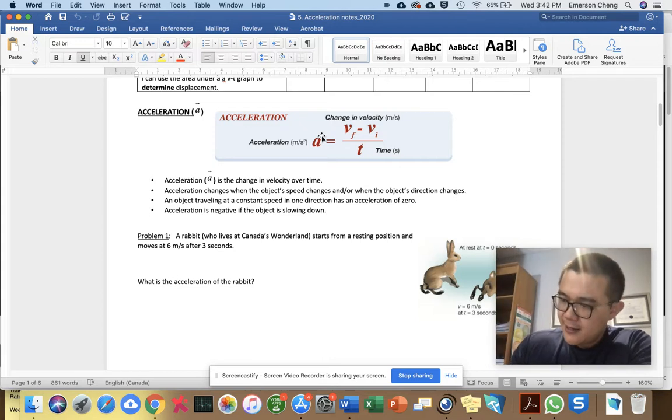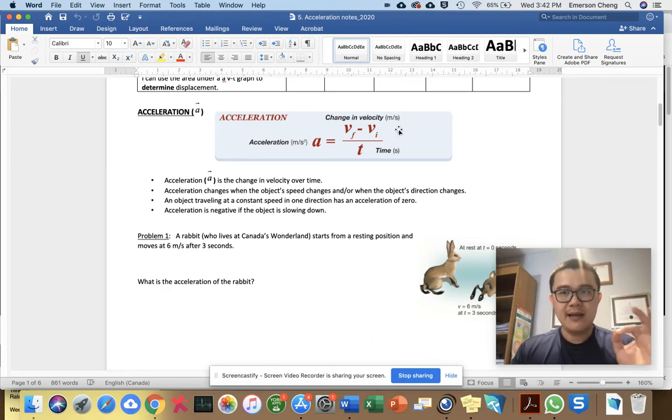It is v final minus v initial divided by time. Just as you notice here in physics, the standard unit for velocity is meters per second, and for acceleration the unit is meters per second squared, because you're talking about a change of velocity.